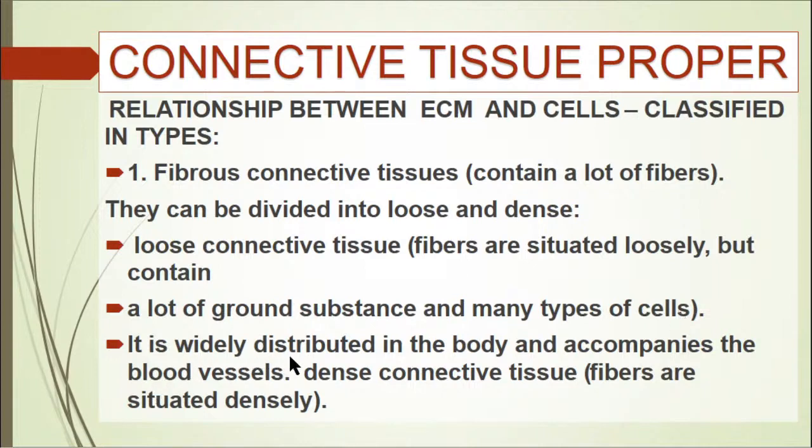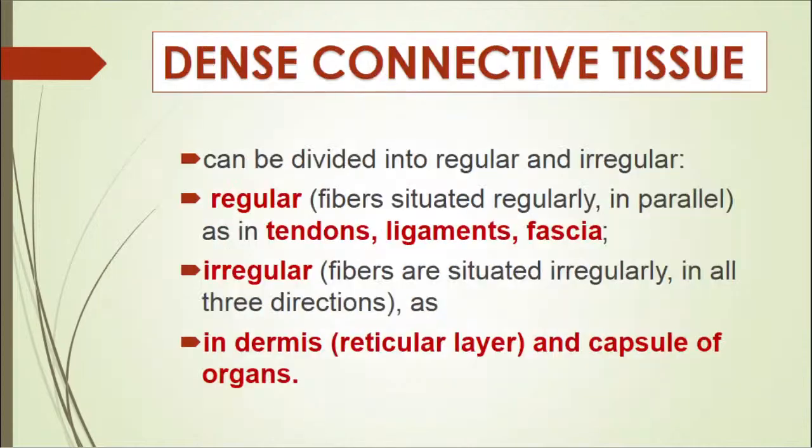It's widely distributed in the body and accompanies the blood vessels. In contrast to loose connective tissue, in dense connective tissue the fibers are more densely situated, and because of that dense connective tissue can be divided into regular and irregular.